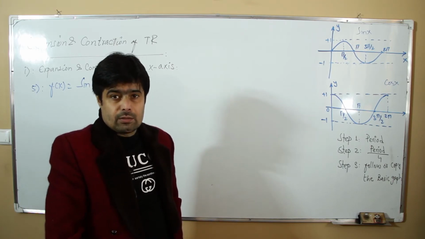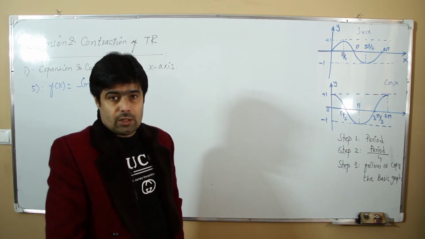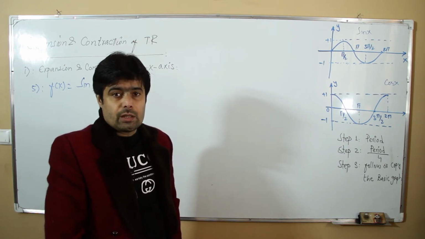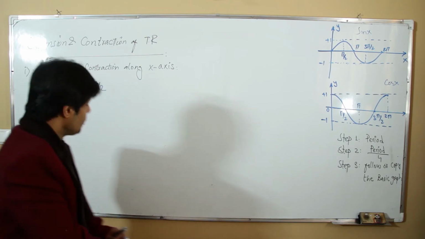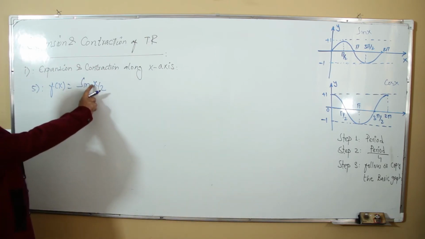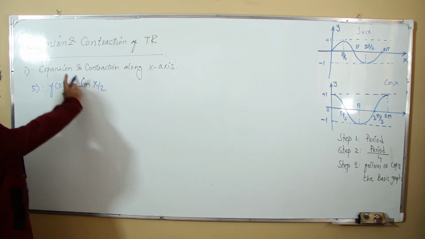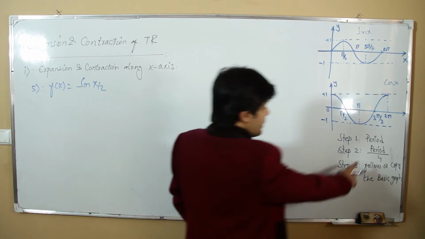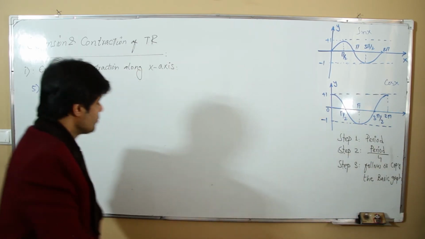If n is greater than 1, it's contraction. If n is smaller than 1, it is expansion. Now what do you think? N is 1 by 2. So it is expansion. First you have to define the period. How can we define the period?